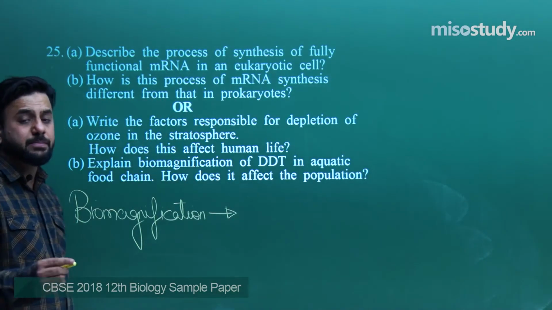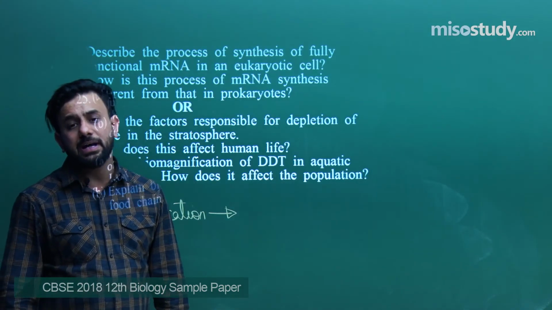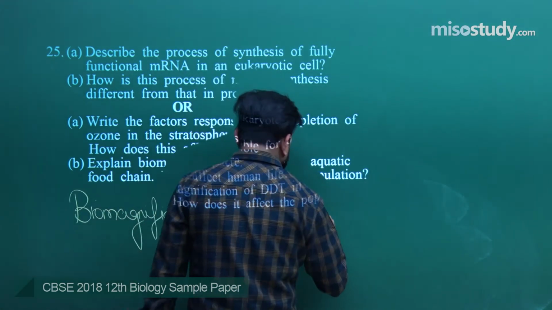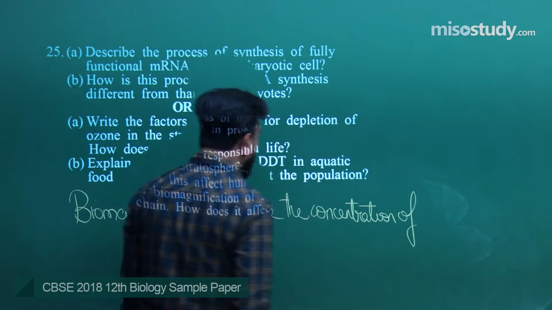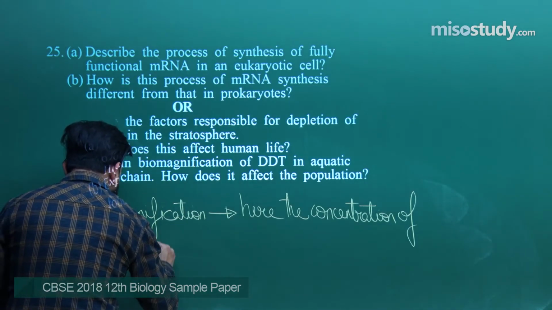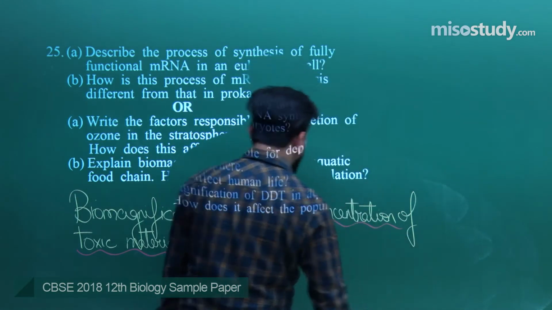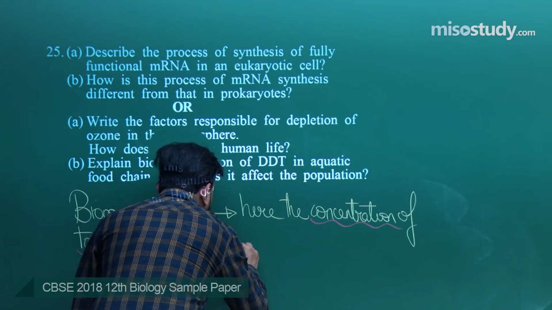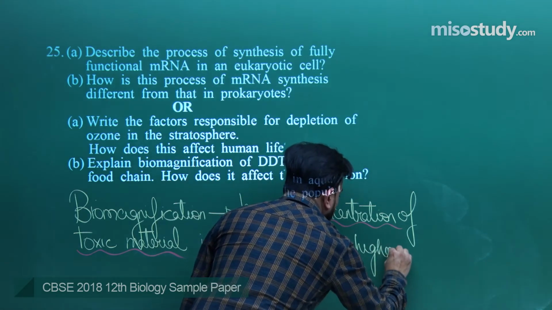Biomagnification is a concept where a toxic material increases its proportion as we go higher up the trophic level or the food chain level.